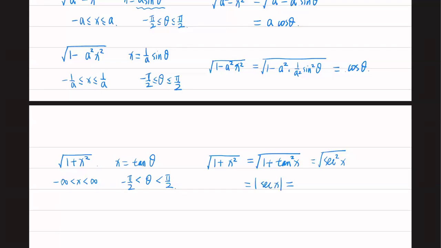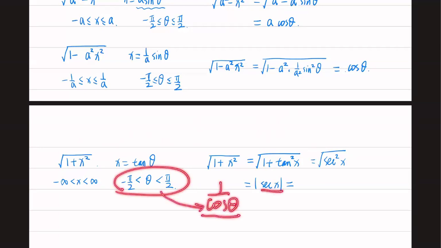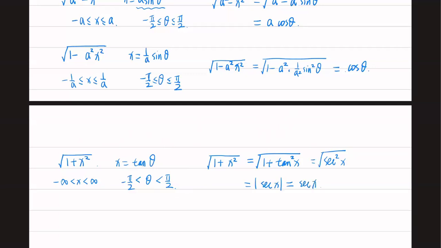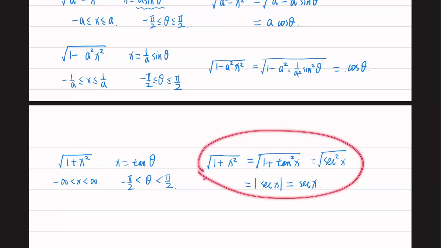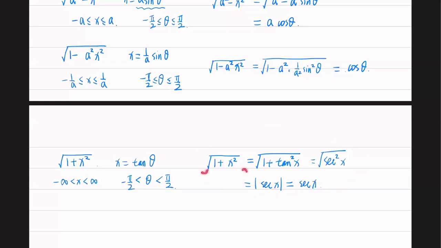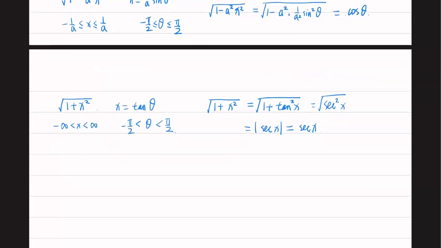Negative, positive, or indeterminate? On this domain, the secant is 1 over cosine. What can we say about the cosine? It's positive. So now we see this is just the secant. So this substitution allows us to get rid of the square root. Let's try an example. We'll start with a simpler one.